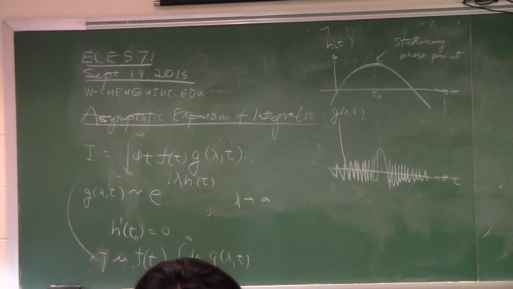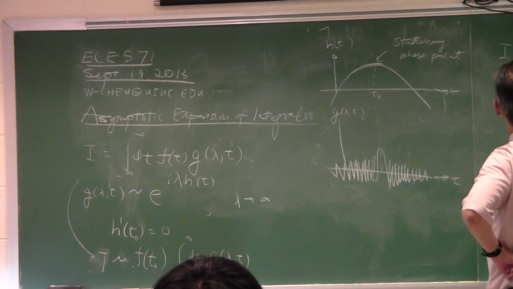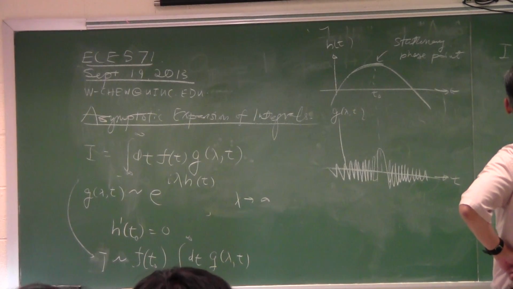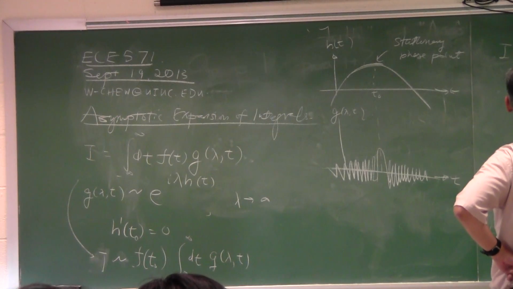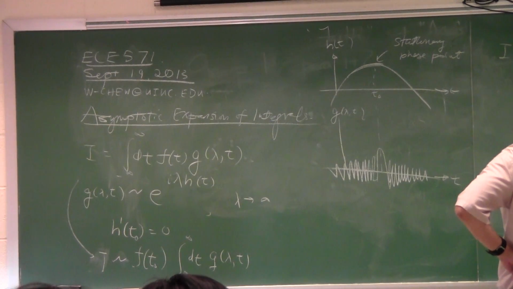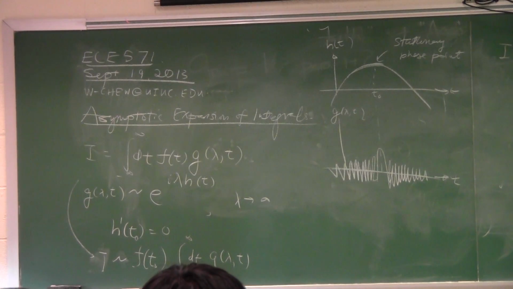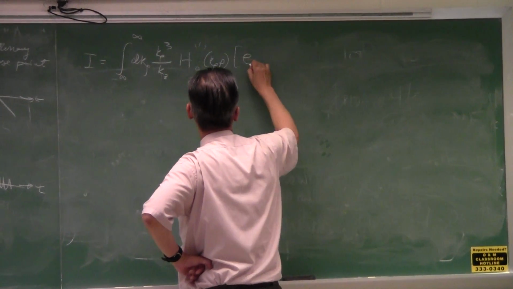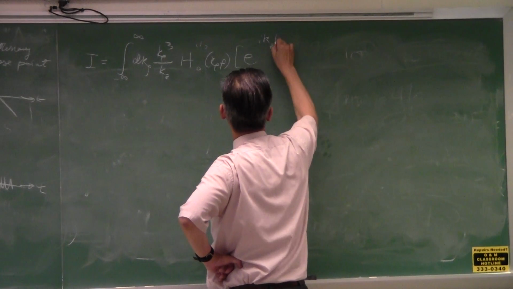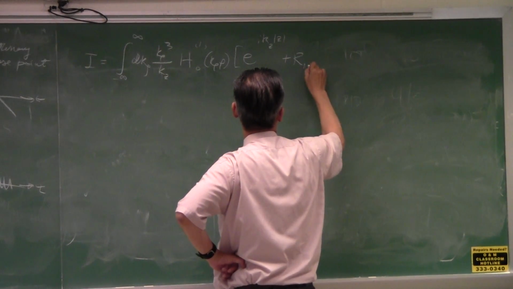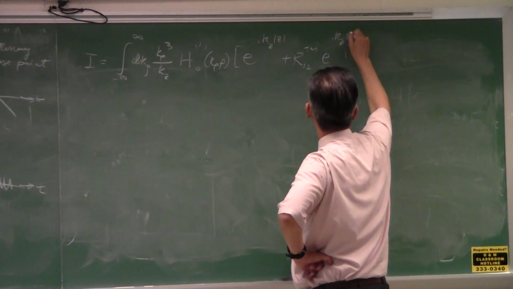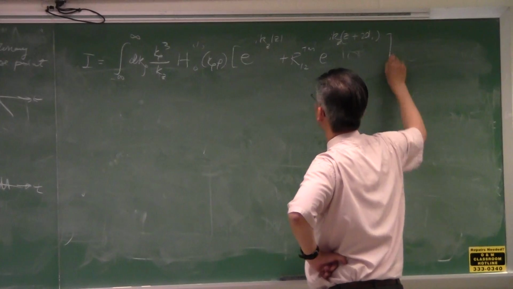And let's try an example where my I is one of the Sommerfeld integrals that we have studied before. Okay, we found that our Sommerfeld integral can be written in this manner: e^{ik1z(z+2d1)}, and so on.